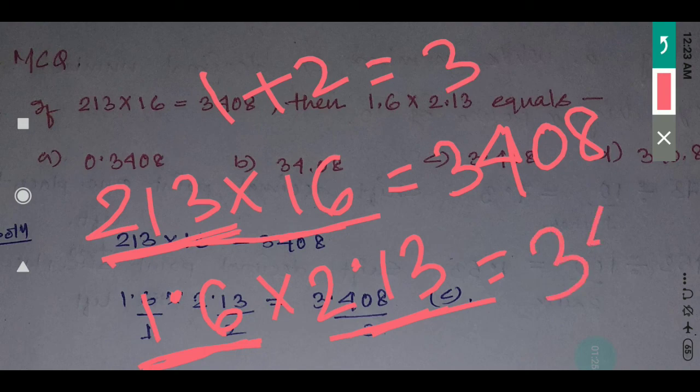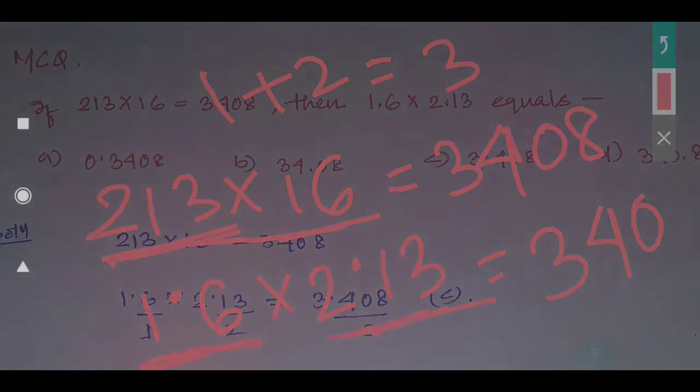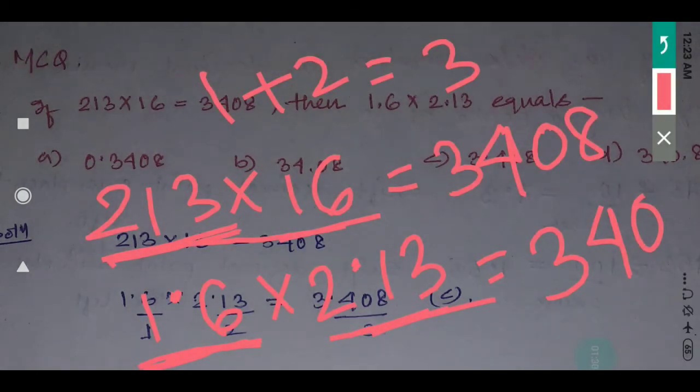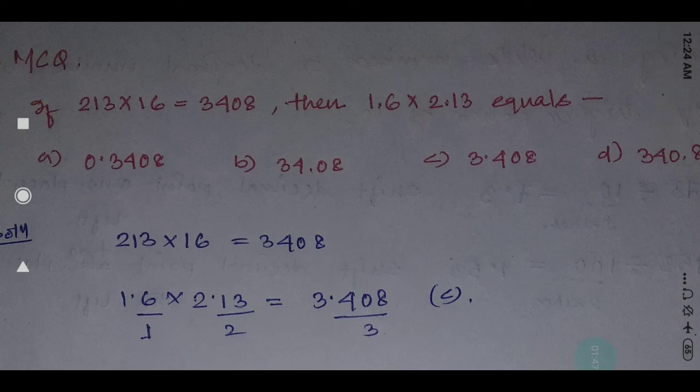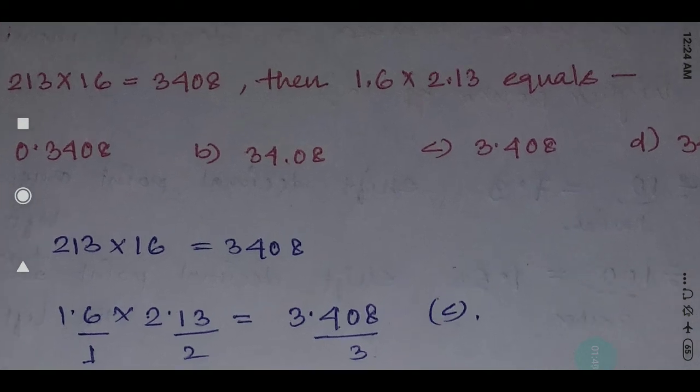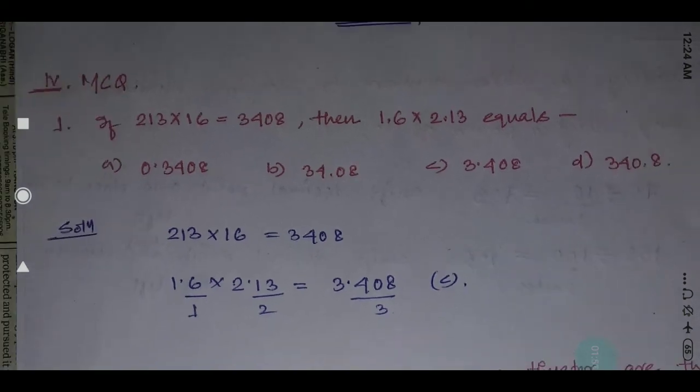That means all the digits will be the same, 3408, but the decimal point will vary. So 1 plus 2 is 3, that means 3 decimal places, so here 3.408, here will be your decimal point. Now with this, check the options to see which option is correct.